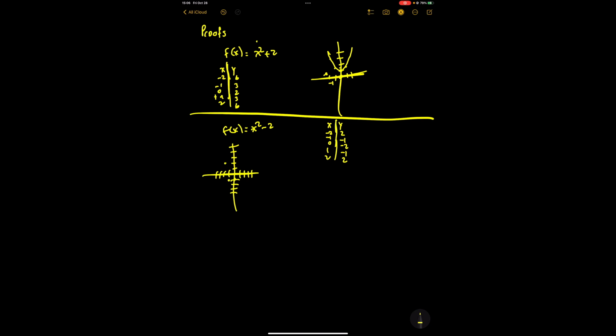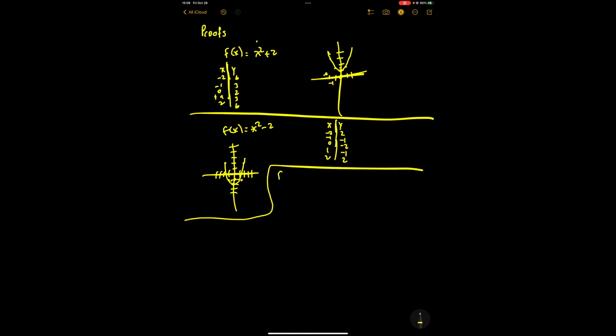At 0, we got -2, which is right here. And at 1, we have -1, which is right here. And at 2, we have 2, which is right here. So it will go something like this. Boom. Right?